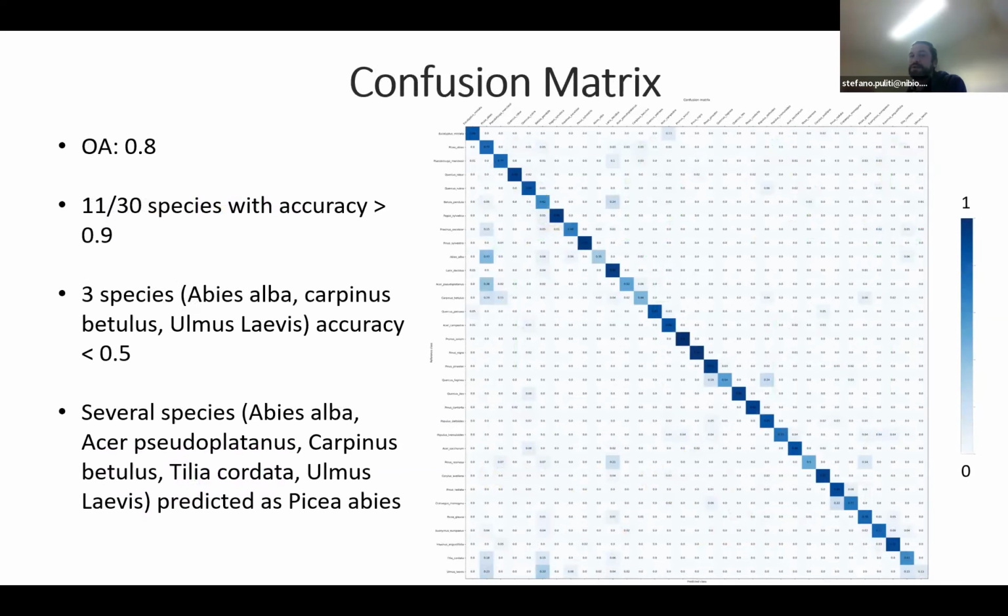This was a confusion matrix for the 30 species that we had. So we can see that actually it worked fairly well. For some species, things were a little bit strange. Some of the classes were poorly represented in the data, so it's not surprising.